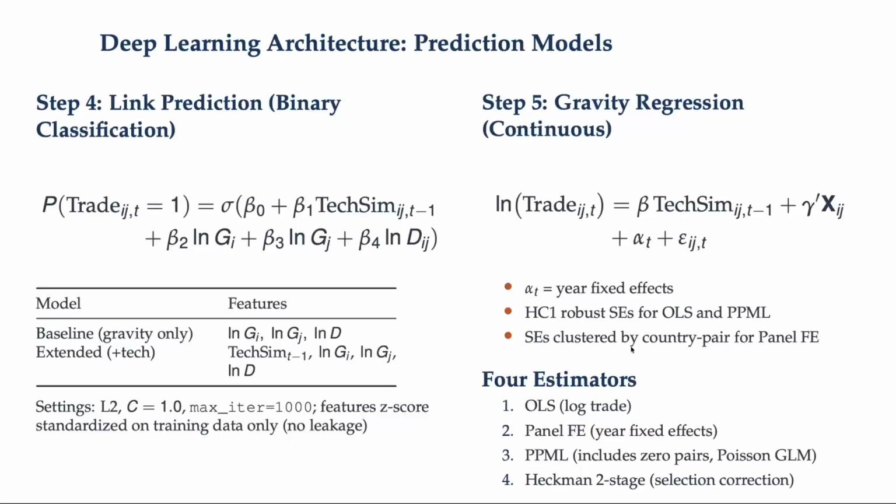So after technology similarity is calculated, I moved to the prediction model. The first thing I want to check is link prediction. The model itself is a formula like that, and then each of the different types of regression models sits inside the gravity regressions.